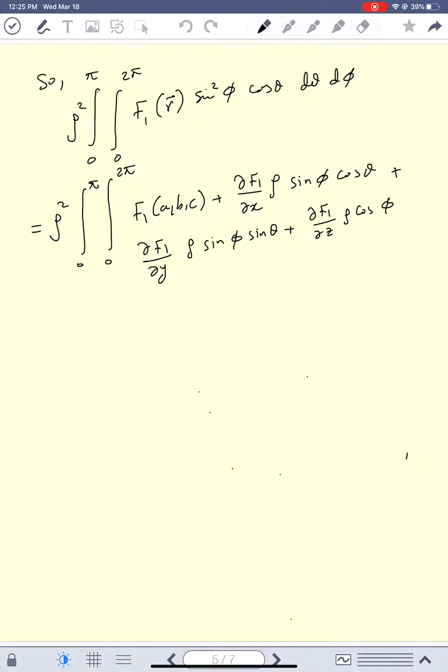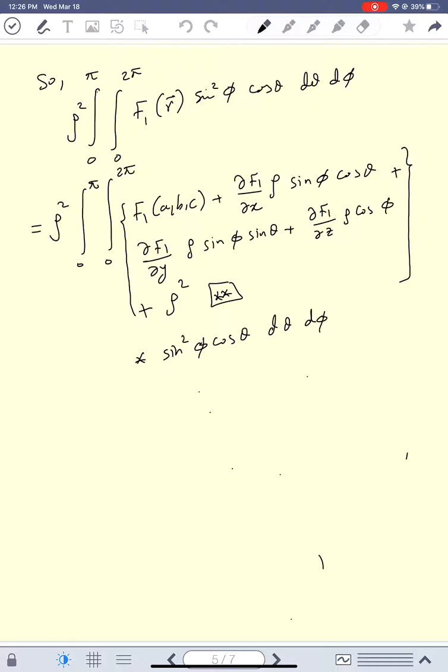All of this plus rho square times some quantity that I don't care what it is exactly. This all is multiplied with sine square phi cosine theta d theta d phi. Okay?